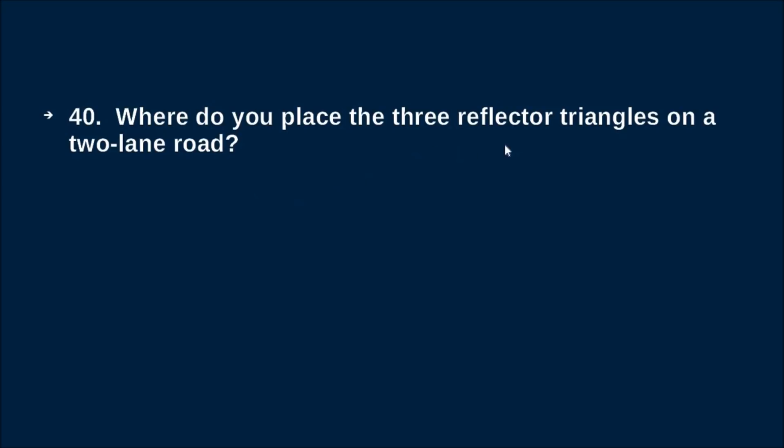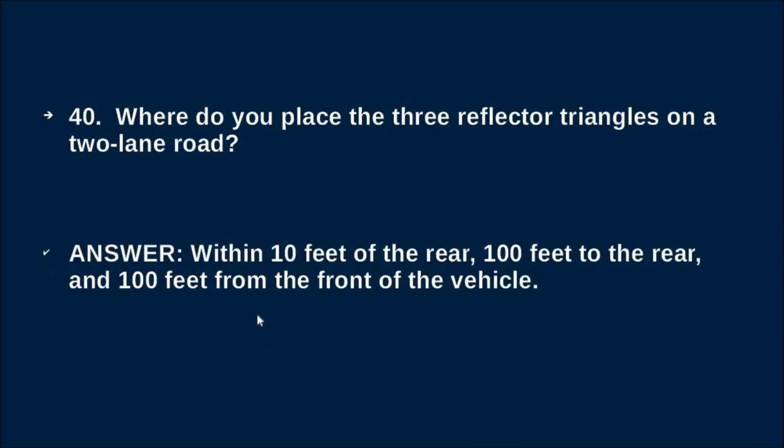Where do you place the 3 reflective triangles on a 2-lane road? Within 10 feet of the rear, 100 feet to the rear, and 100 feet from the front of the vehicle.